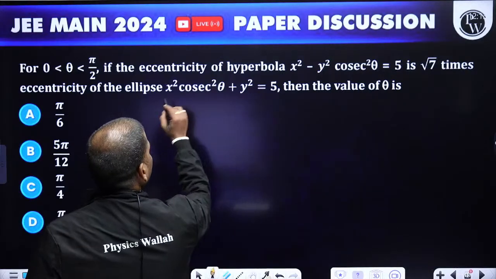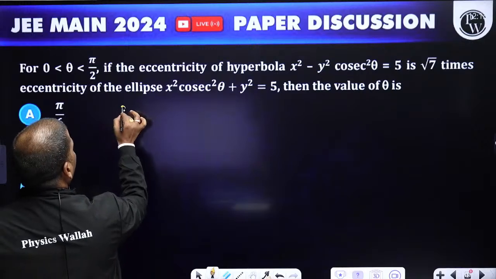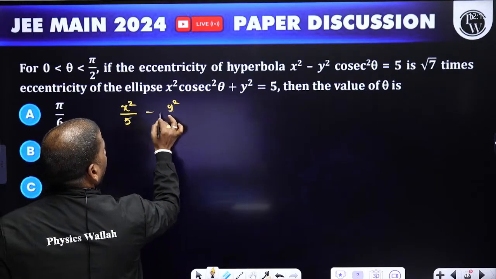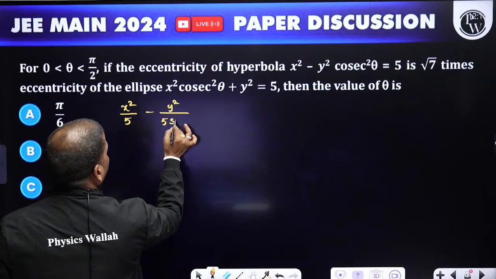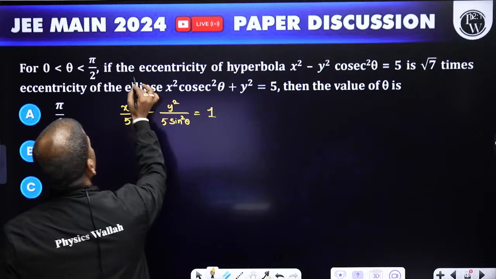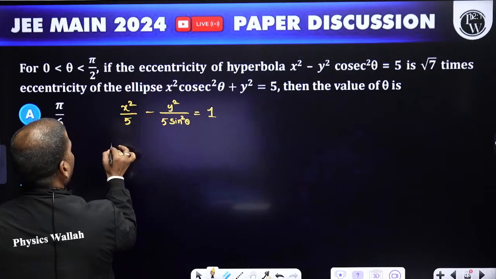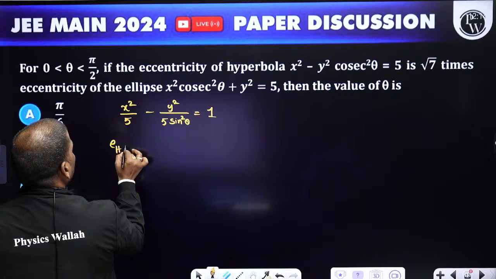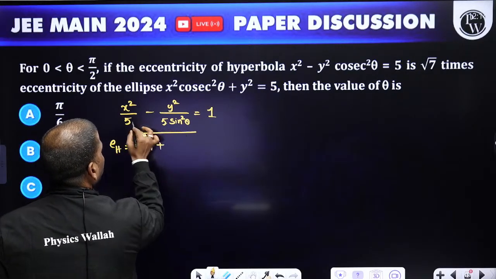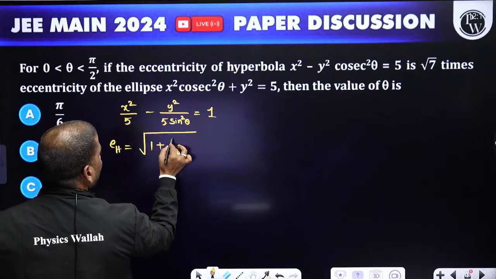Now eccentricity. x square by 5 minus y square by 5 sin square theta is equal to 1. So this is a hyperbola, right? So e_H is under root 1 plus b square by a square, that is, 1 plus sin square theta.